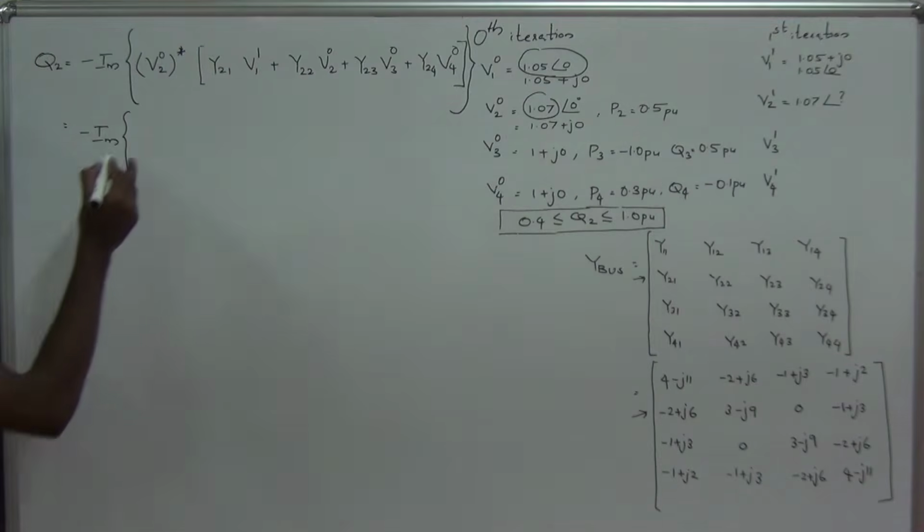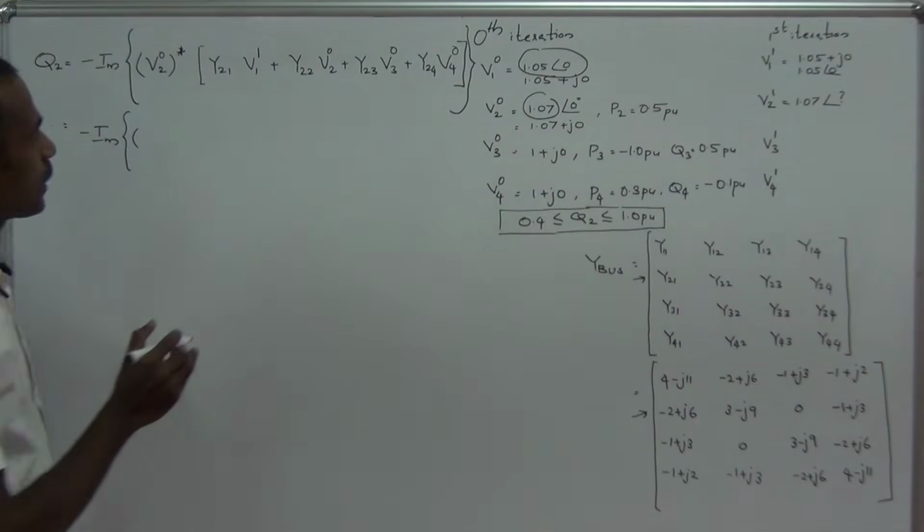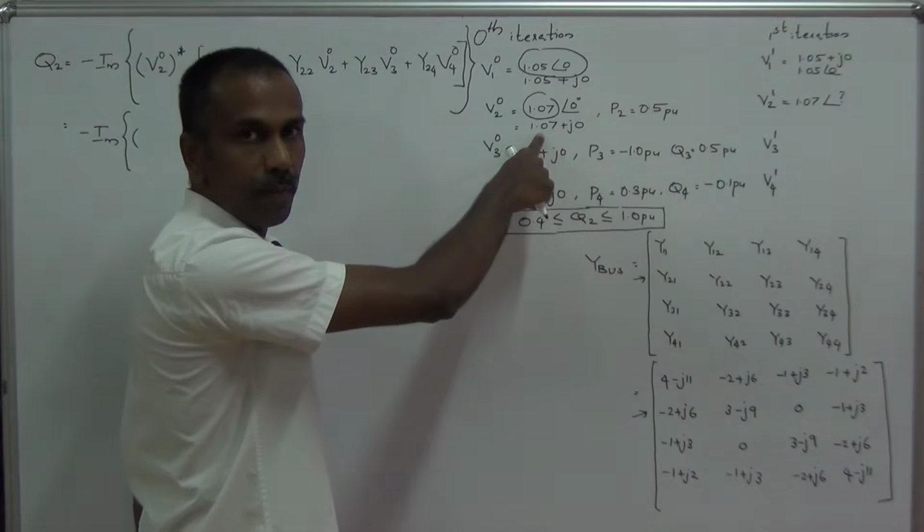So this is equal to minus imaginary part of, what is V20? It is 1.07 plus J0.